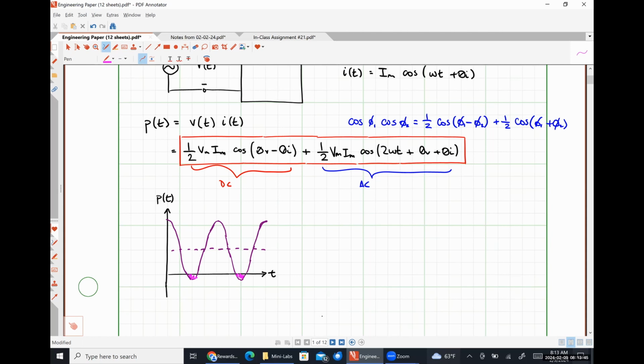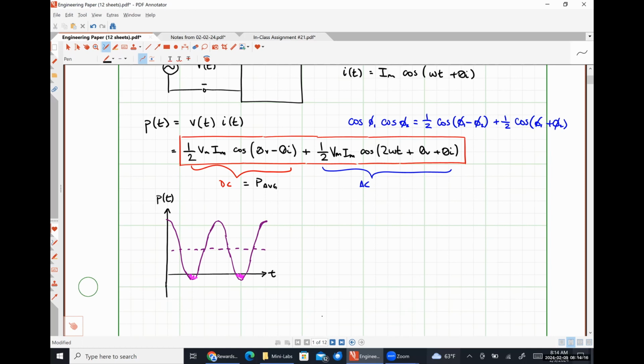So it turns out that the DC component of our power is literally just the average power absorbed by our network. We will mathematically prove that in a couple of minutes, but literally just by looking at the graph and understanding what's going on, we can see that that has to be true, right? So the average power is actually a quantity that's already built into our instantaneous power relationship.